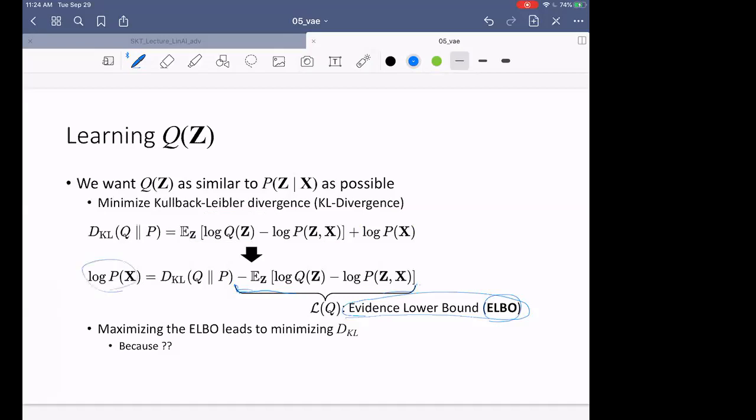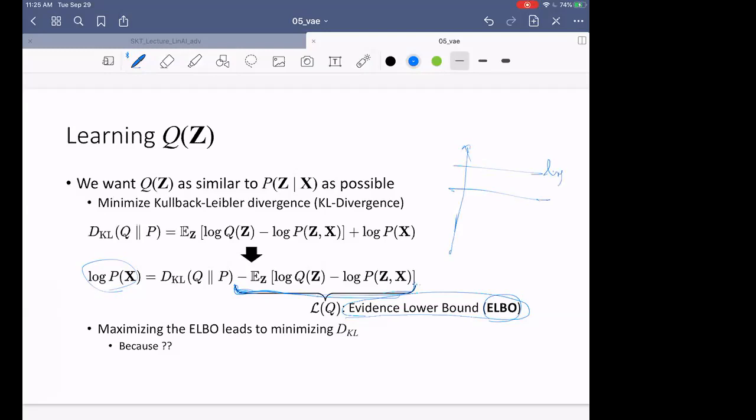Your log p(x) has a certain distribution, and this term becomes the lower bound. If you maximize this, like, this is your log p(x), and there's a certain probability on the y-axis.